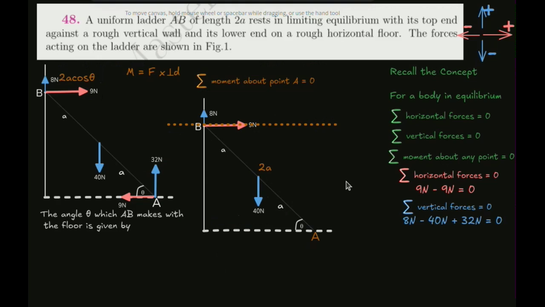So the perpendicular distance from our pivot to this line of action should simply be this distance. So this should be our perpendicular distance.